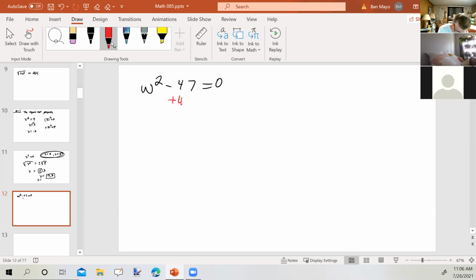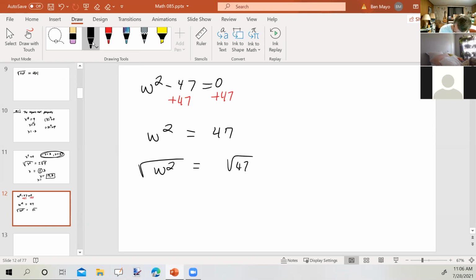So what I'm going to do is add 47 to both sides of the equation so that I get that. Now it's in the form to use the square root property. So I'll take the square root of both sides of the equation, not forgetting to put in the plus or minus, okay?